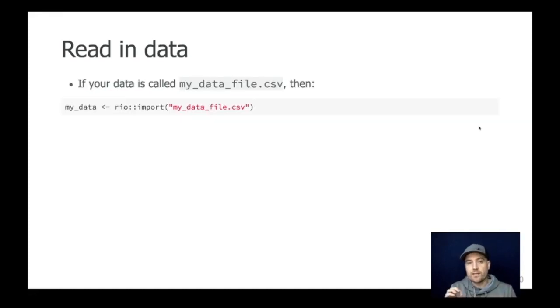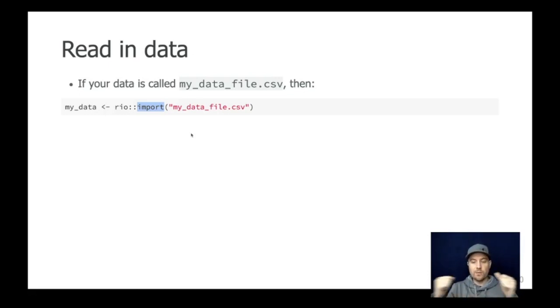If your data, let's say, is called mydatafile.csv, then we could read it in using rio::import. Now it's really important here. What this is doing is it's saying this is the package, and then the colon is saying this is the function. So I mentioned one way to open up the box is by running library package name.